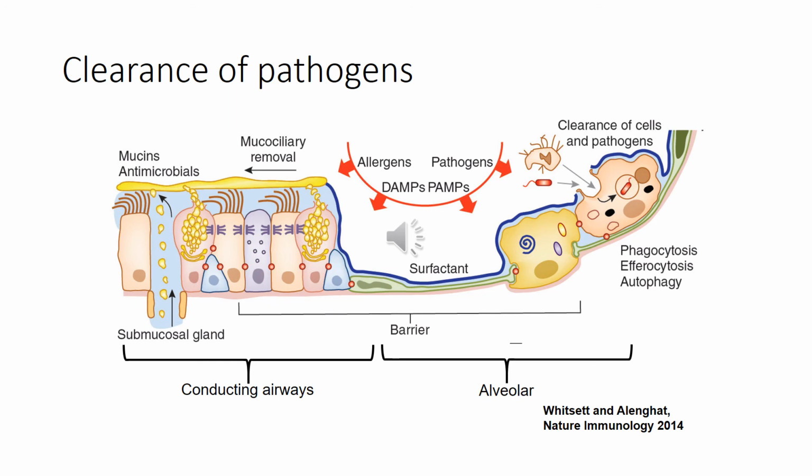The binding of the ligands to these receptors results in an activation of the epithelial cell intrinsic signaling pathway, which is NF-kappa B mediated. The production of cytokines and chemokines will then in turn activate the immune system further. But it's important that in this organ, the epithelial cells themselves serve as immune cells to a large extent.